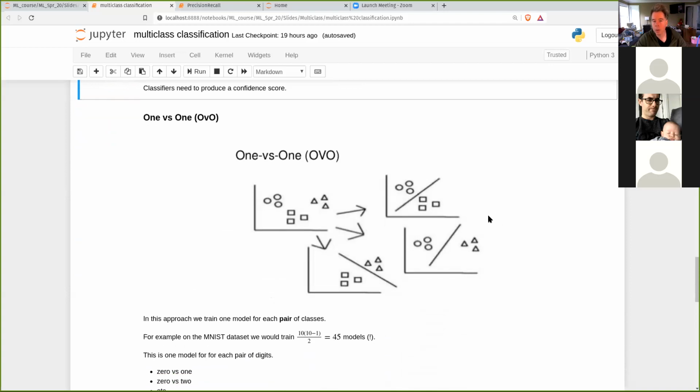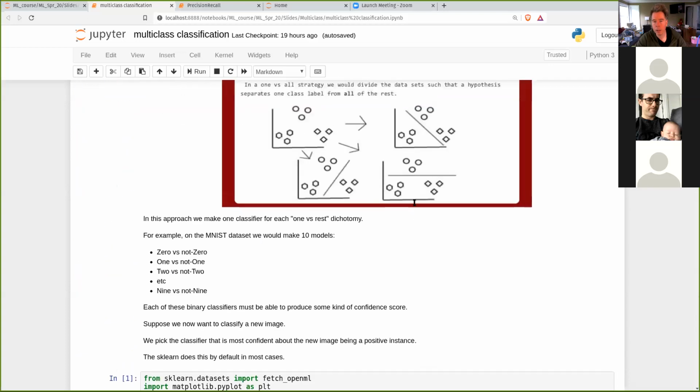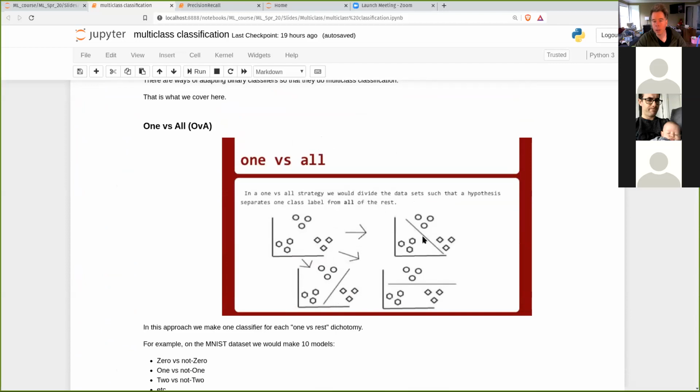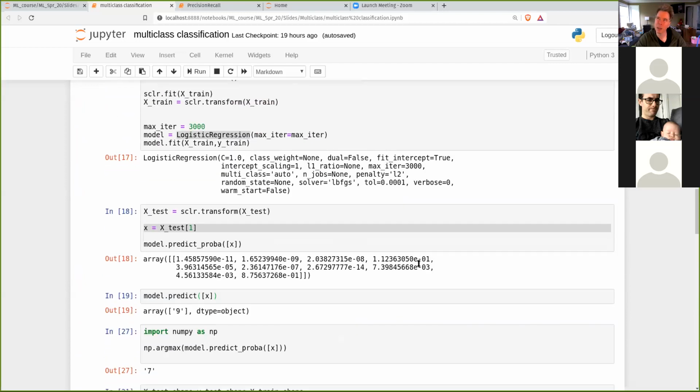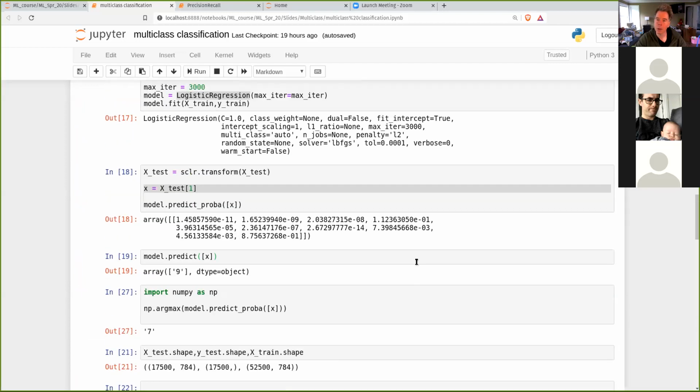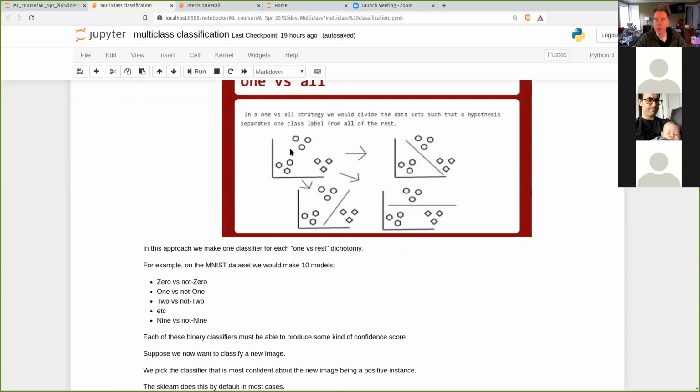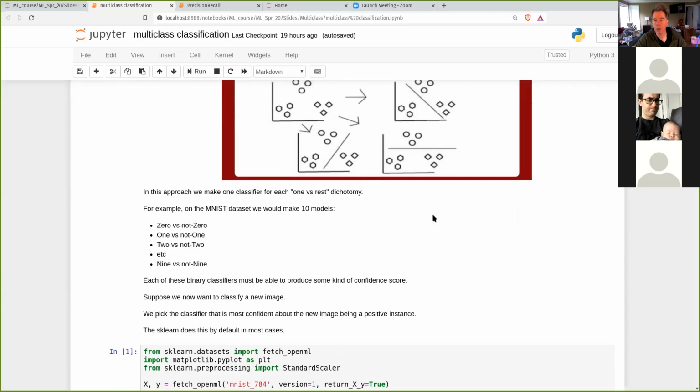And so now you'll notice in these pictures that there's a classifier for each pair. In both cases here there are 3, but that's just a weird thing about 3. Here there are 3 possible classes, so we make one classifier for each class, which means 3.